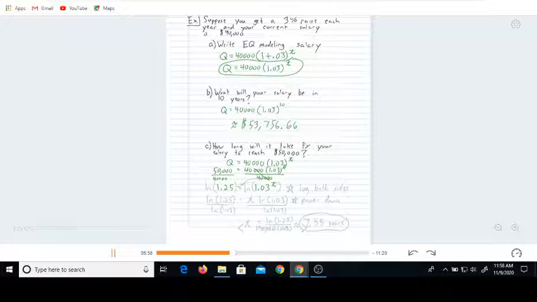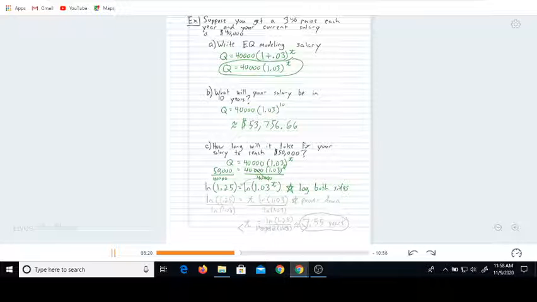Now, in case you need a little bit of a refresher from your high school algebra class, to solve an exponential equation, you're going to go ahead and log both sides. The logarithm is the inverse of the exponential. I'm going to use the natural logarithm, so that's ln. What you do to one side, you do to the other.